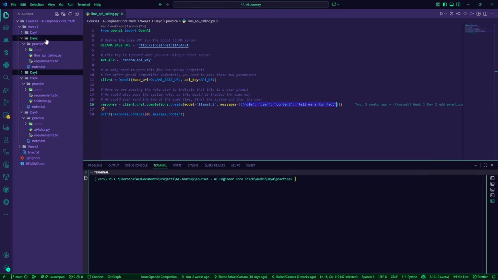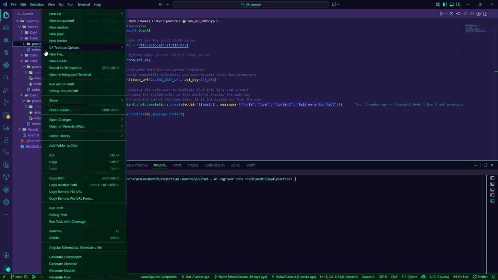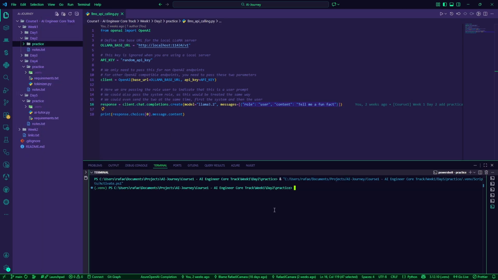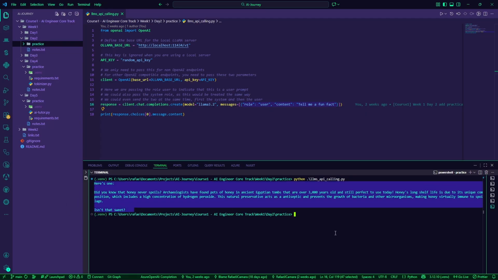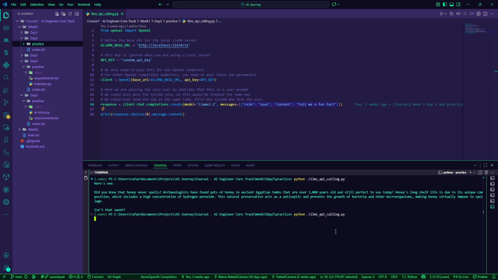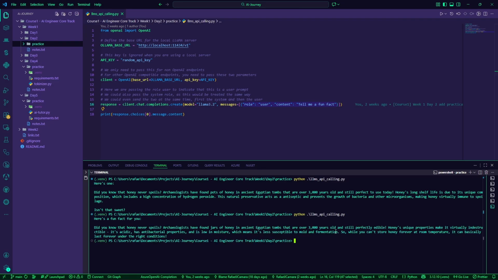And now, if I just go here on my terminal and run this script, which is called the LLM API calling script, this will call the Llama model locally, okay? And here's the same fun fact as before, and maybe if I call it again, technically it should give me something different, but yeah, it keeps on giving me the same fun fact.